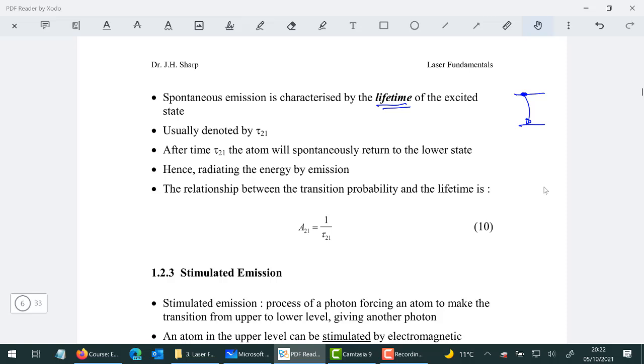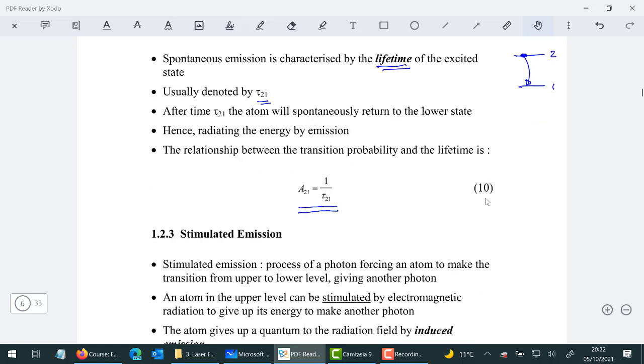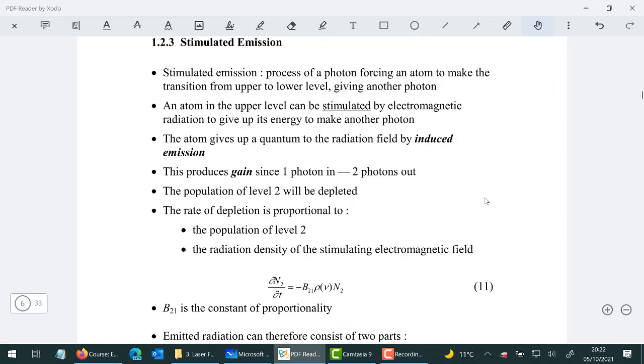That average we will denote as tau, and we'll call it tau 2 1 because we're going from level 2 to level 1. And the value for tau is just 1 over the Einstein coefficient. So we can think of the lifetime as being how long the atom will stay in that excited state. So maybe a few milliseconds, maybe microseconds, maybe nanoseconds.